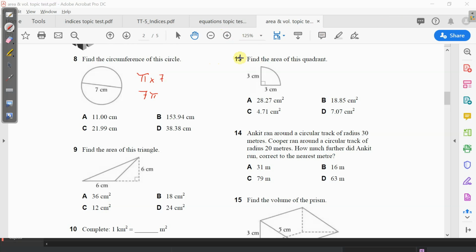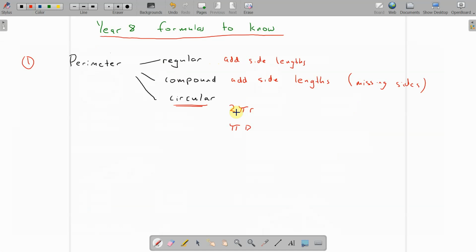We've got those two formulas for the circumference of a circle. Now we'll get a couple of other variations, and our next variation is arc length. That's not in this practice test, but I'll do one now.